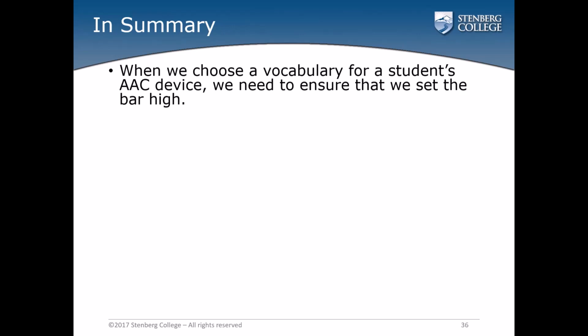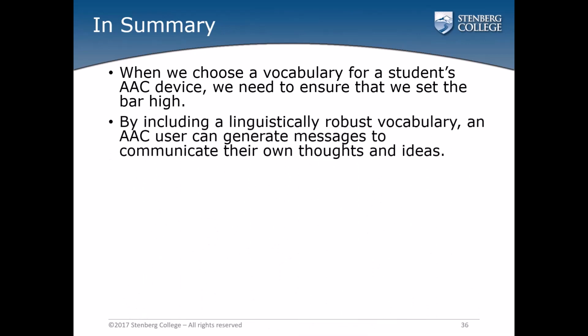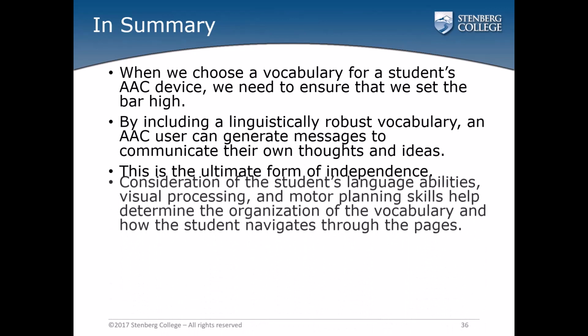In summary, when we choose a vocabulary for a student's AAC device, we need to ensure that we set the bar high. By including a linguistically robust vocabulary, an AAC user is able to generate messages to communicate their own thoughts and ideas. This is the ultimate form of independence.